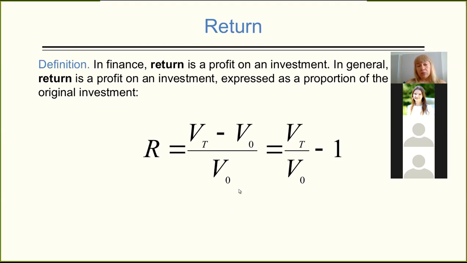So it's return. And please remember that this formula may be written as the difference between the investment at the end of the period, at the moment T capital, and the investment at the initial moment, divided by the initial value amount.